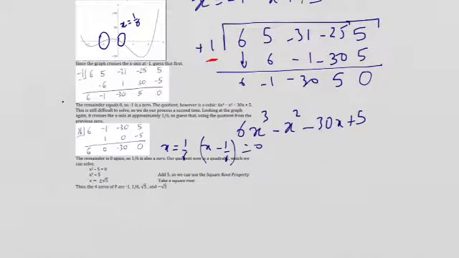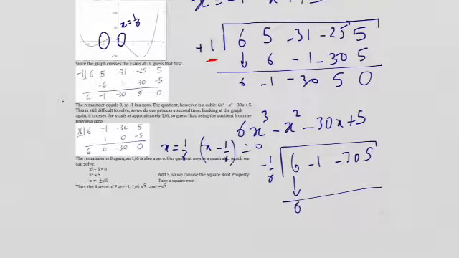And so for that, I'm going to do negative 1 over 6. And then I'm going to have a 6, negative 1, negative 30, and 5. I'm going to apply the definitions, bring down my 6, multiply 6 by negative 1 over 6, which gives me negative 1. I subtract, so now I got a 0. I multiply by negative 1 over 6, I end up with a 0 right here now.